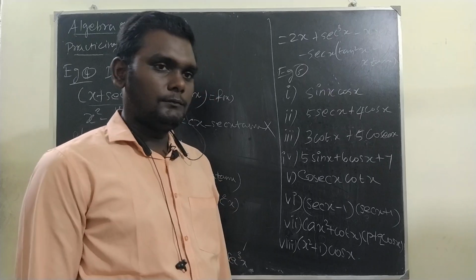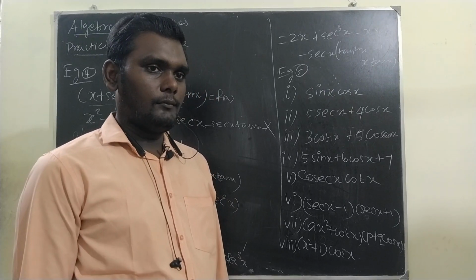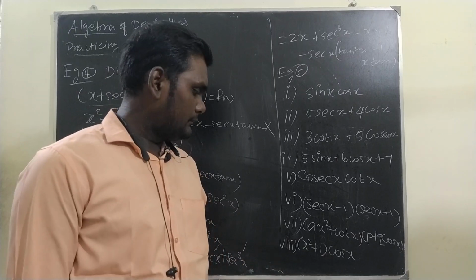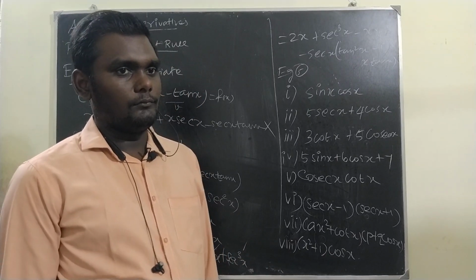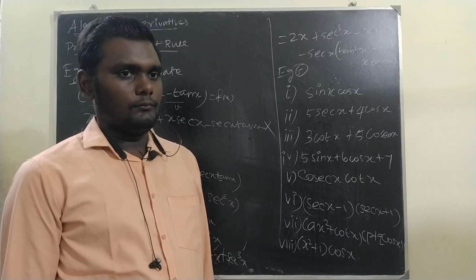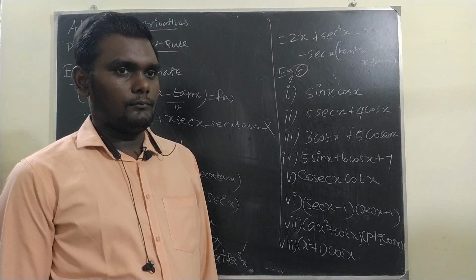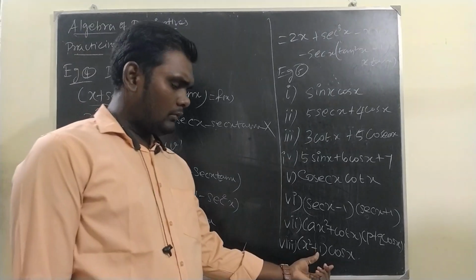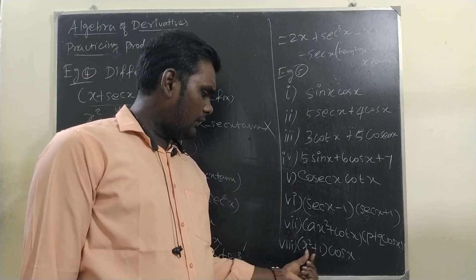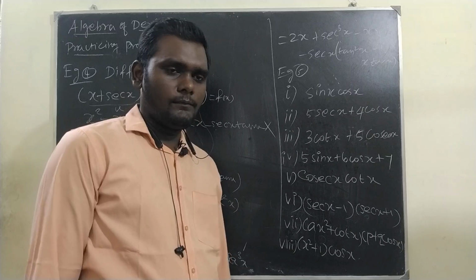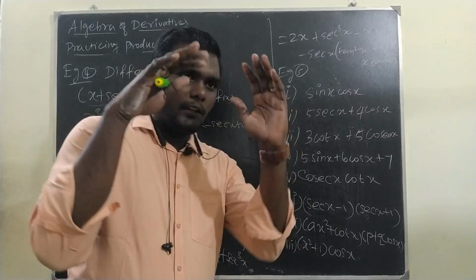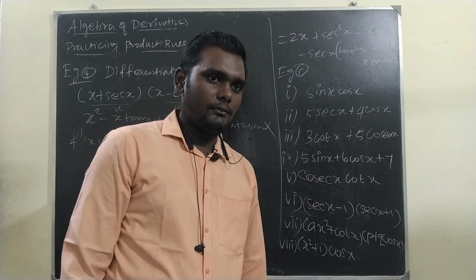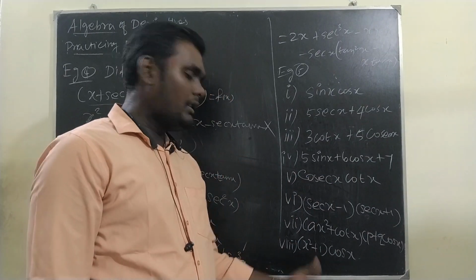This one, product. This one, direct. See, focus here. This is x square plus 1 into cos x. X square plus 1 is one function, cos is a different function. Okay. UV. What is U? What is V? We'll choose.